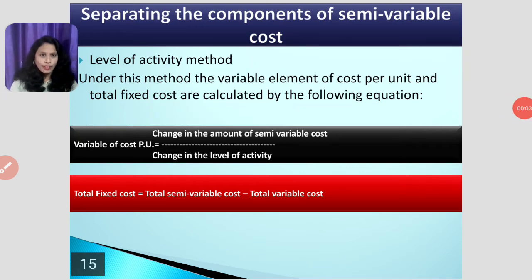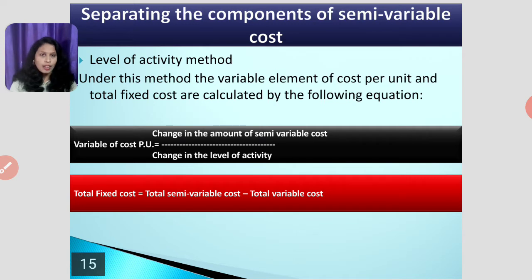Hello, good morning. We are continuing here cost accounting, TYBCom subject paper number 8, under module number 1, introduction to cost accounting. We discussed here in the first module the last content, separating the components of semi-variable cost.